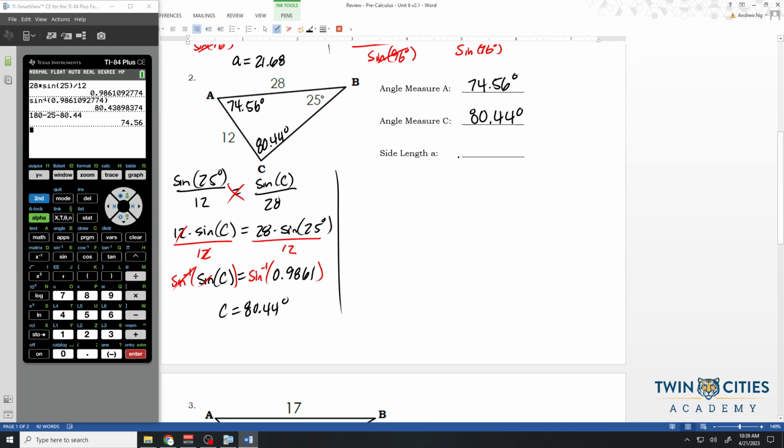All right, then lastly, side length a. We'll do sine of A over little a, and let's do B's because those were given to us to begin with. So that'll be the sine of 74.56 degrees over, I don't know what little a is, equal to the sine of 25 degrees over 12.